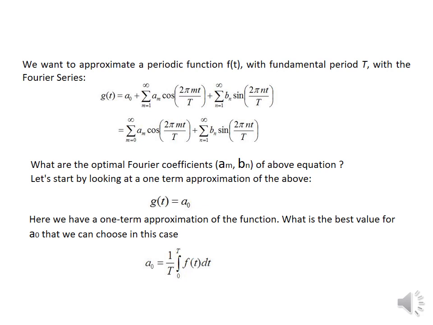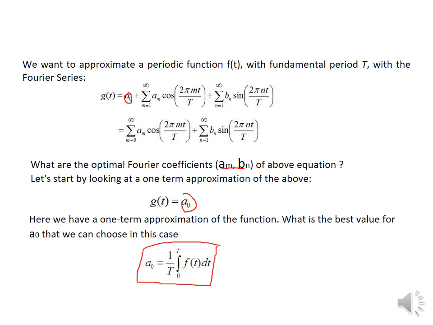So if we want to approximate a periodic function f of t with fundamental period T with this Fourier series, what would be the optimal Fourier coefficients for am and bn? Let's start from the first term. The optimal value for a0 is 1 over T, integral from 0 to T of f of t dt.